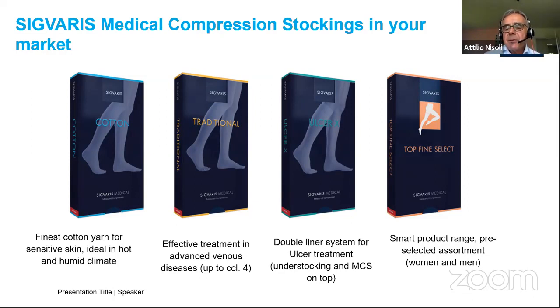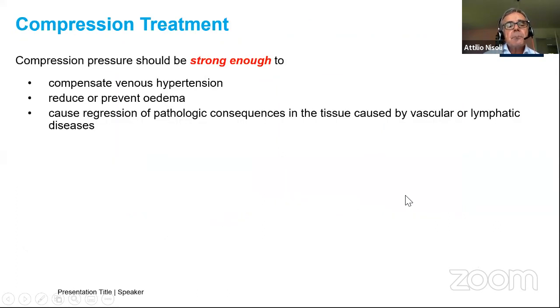It's unisex, it's for women and men. A difference is price-wise, it's on the lower end of our ranges. So the Top Fine Select is economically wise, it's quite attractive for so many people.